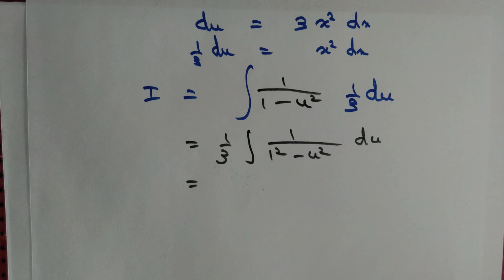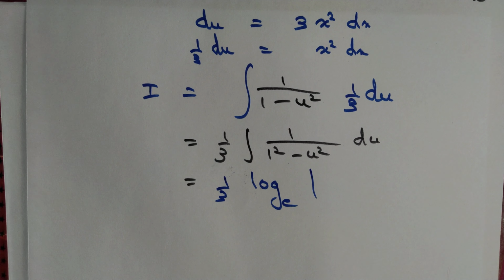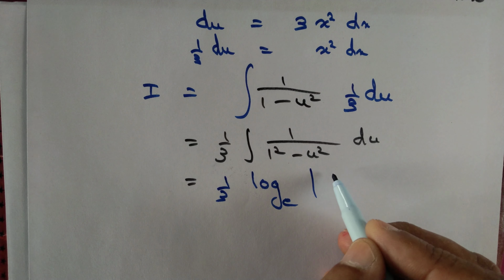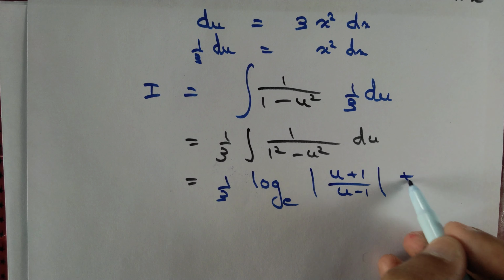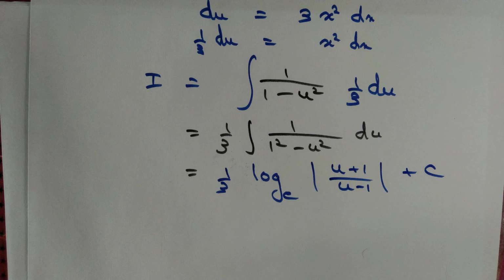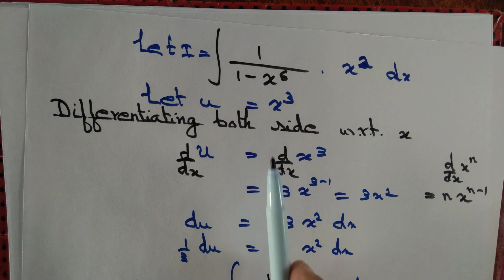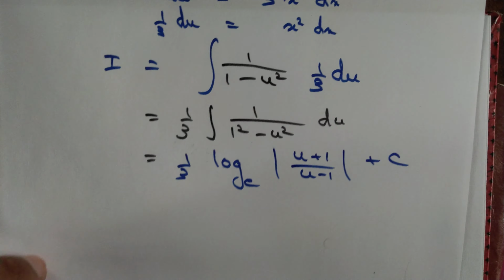Now we know the formula for this. Integral of 1 by a square minus x square dx is log of u plus 1 by u minus 1 plus some constant of integration. Once again we got u equal to x cube, so we write it.